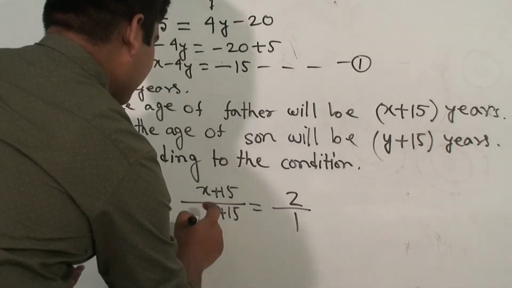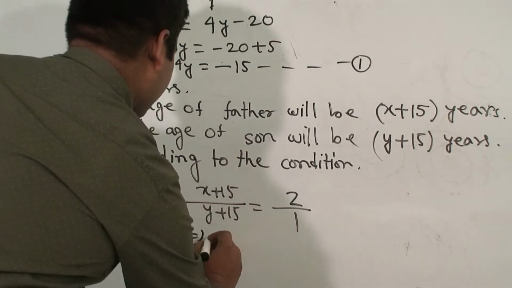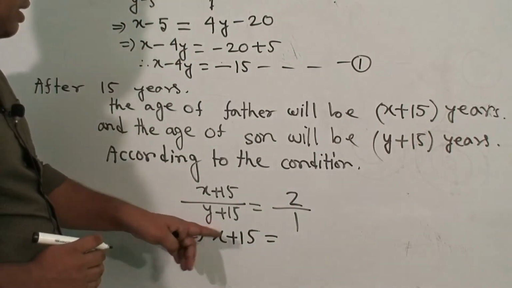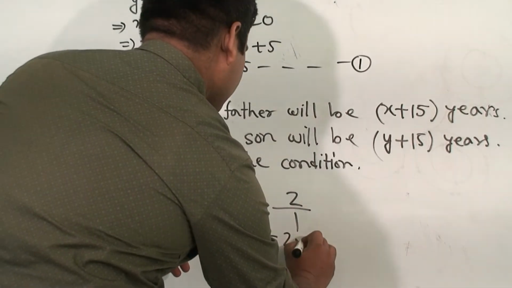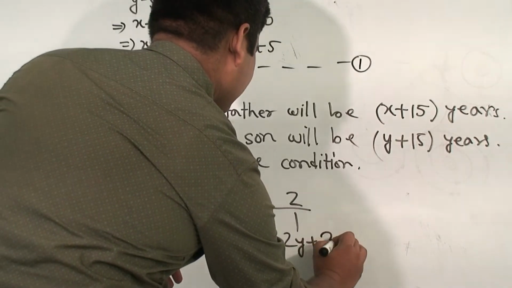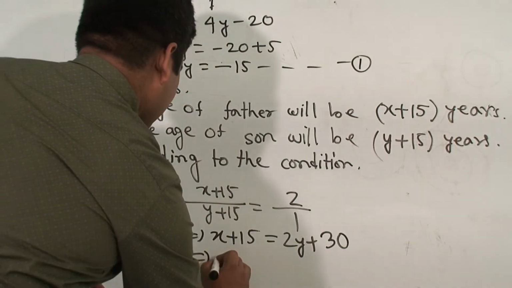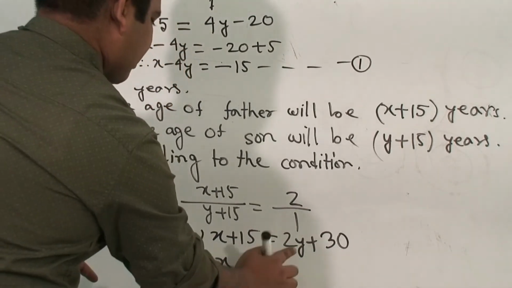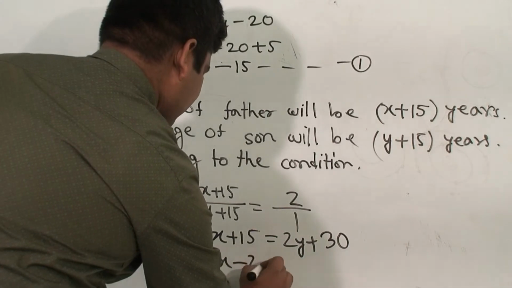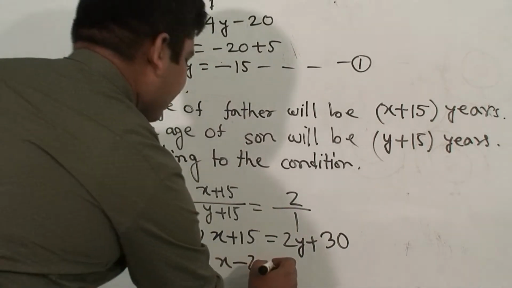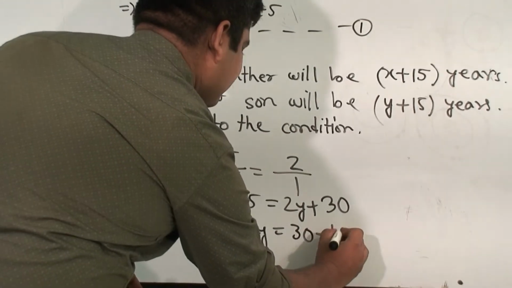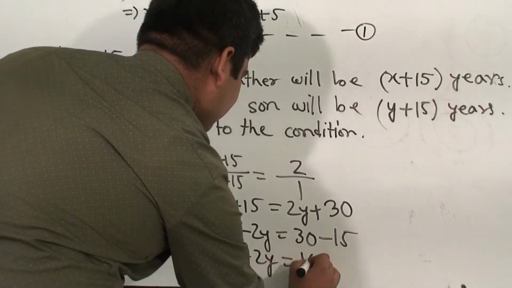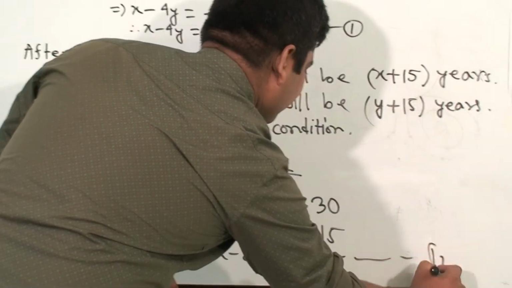That's why we multiply x plus 15 by 1 and we get x plus 15, and we multiply this 1 by 2 and we get twice y plus 15. After that x plus 15, twice y, change its position, that means it will be minus twice y, and 30 minus 15, then it will be x minus twice y equal to 15. This is equation number 2.